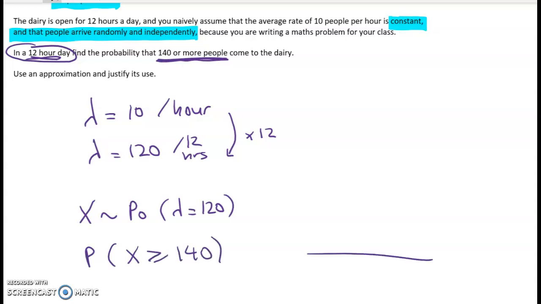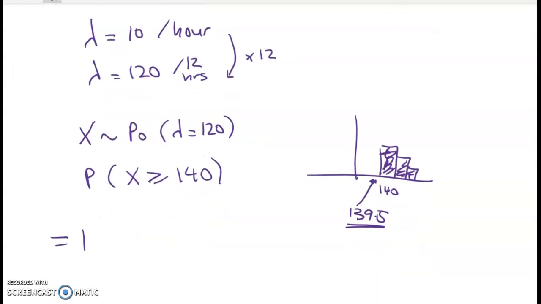So that means that on my bar chart, I want to include the 140th bar, and the limit of that bar, and then I want all of these ones up here as well, starts at 139.5. So that means I'm going to be finding a normal approximation at 139.5 or up.